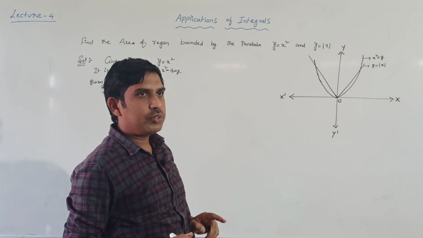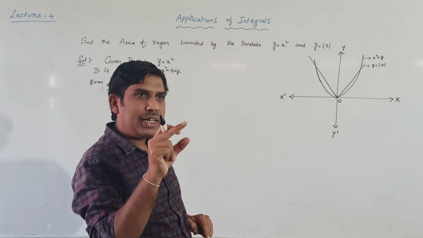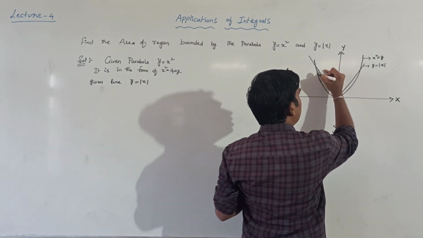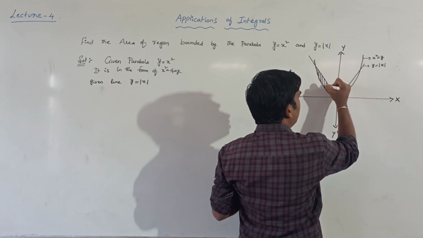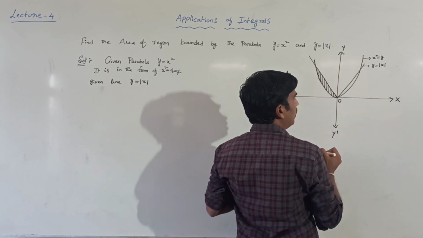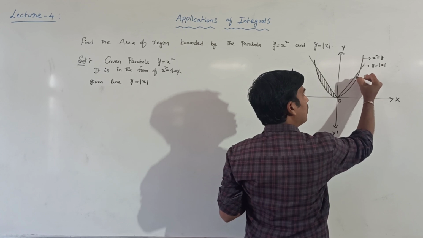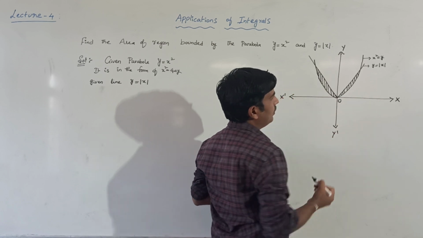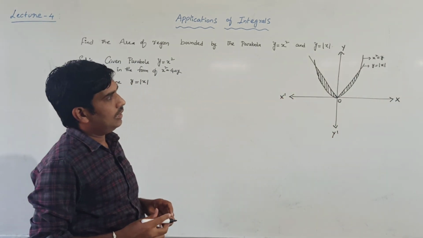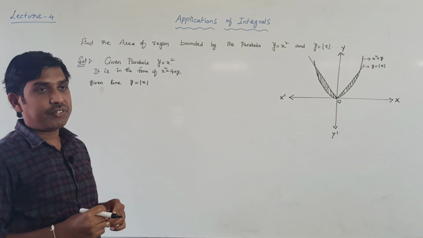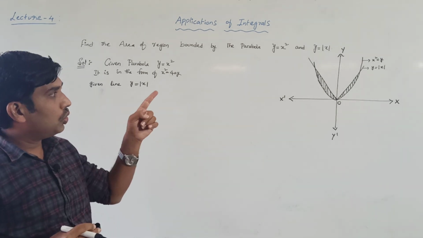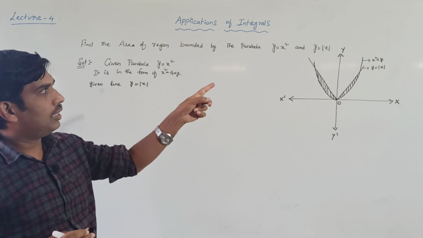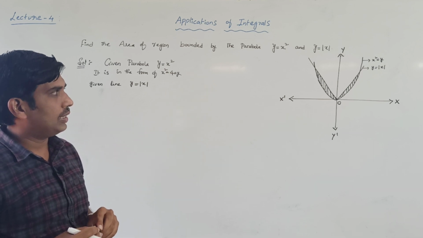In graph, if you observe, what is the area bounded by the parabola and that modulus function graph? Nothing but this one. So that is the shaded region, what required we have to find out. So that is the area bounded by the parabola and that line y is equals to modulus x.